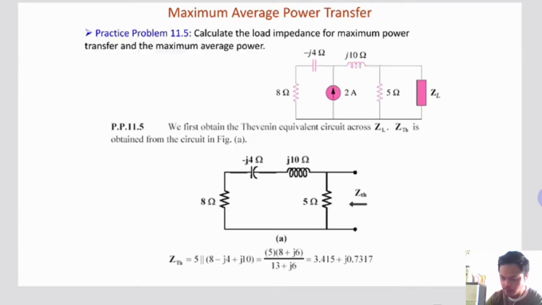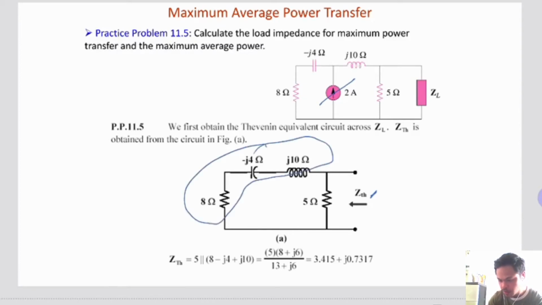In this case, if we turn off the 2 ampere current source, we can compute the Thevenin impedance of the circuit. We have here the series elements in parallel with the 5 ohm resistor. So the ZTH now is 3.14 plus j0.73 ohms.